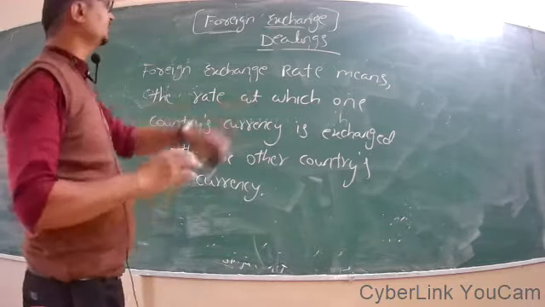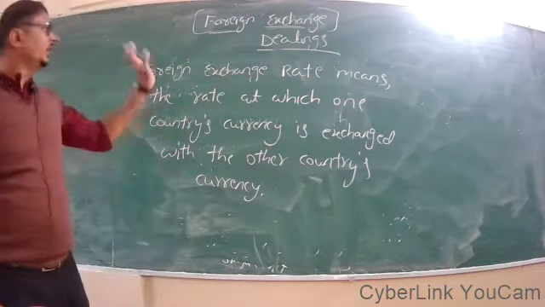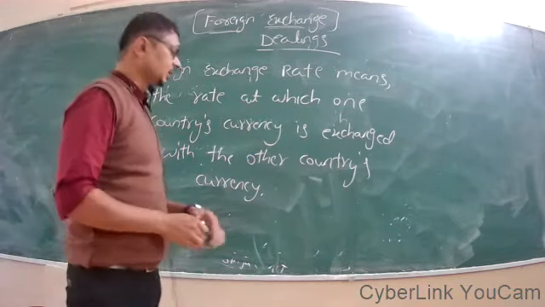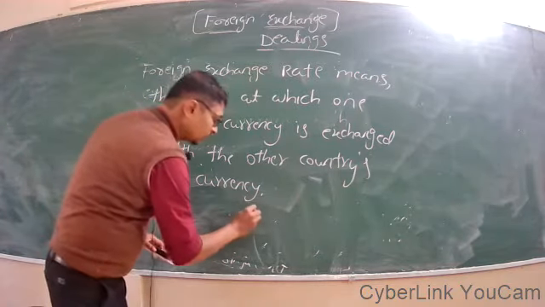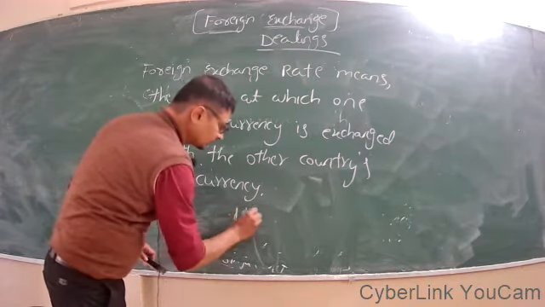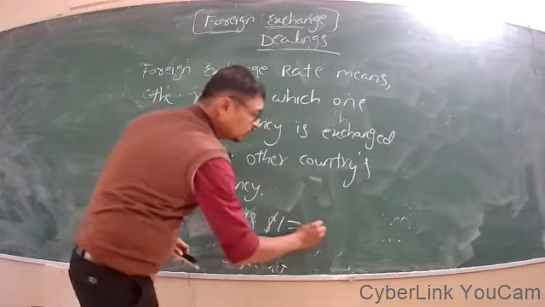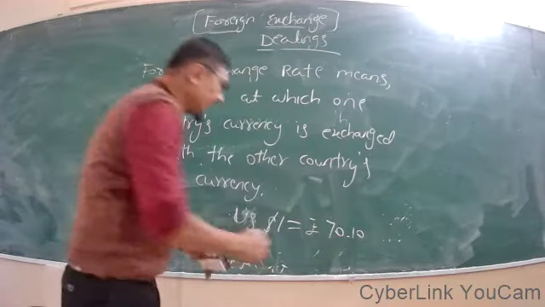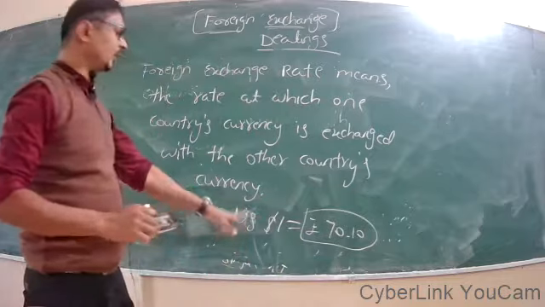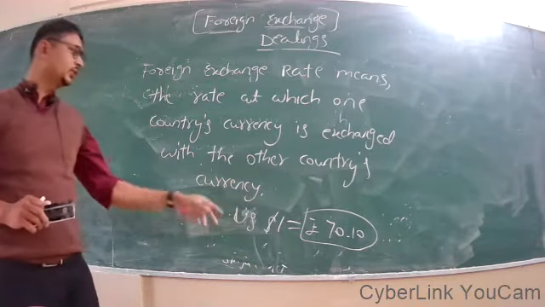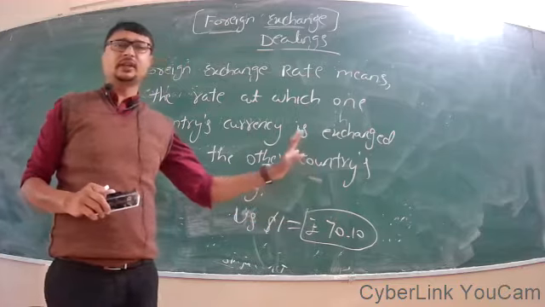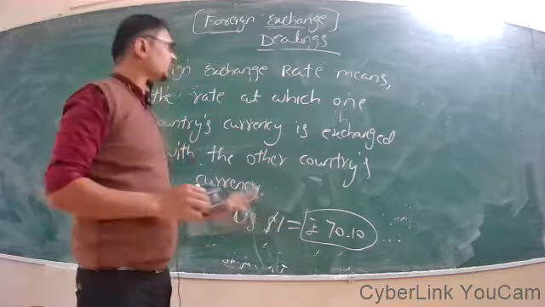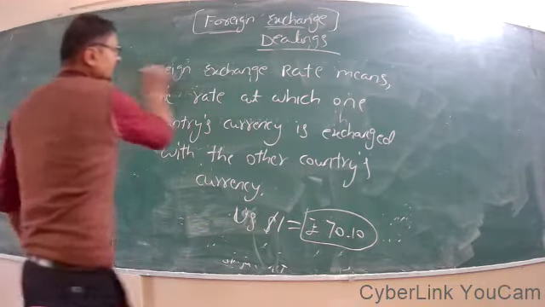So only the rate is included with the prior definition. So that means to buy one US dollar, the rate is 70.10 per US dollar. To buy one US dollar, you have to pay rupees 70. Right? That is the exchange rate between US dollar and Indian rupee. So this is the second definition.